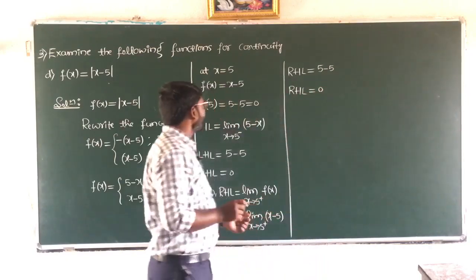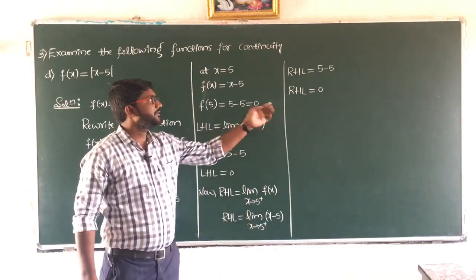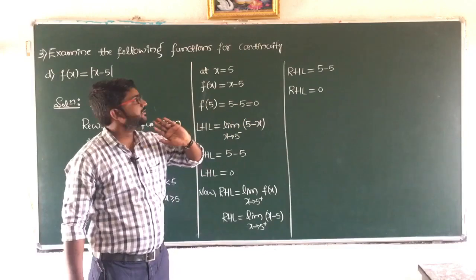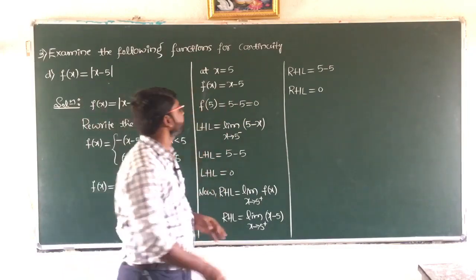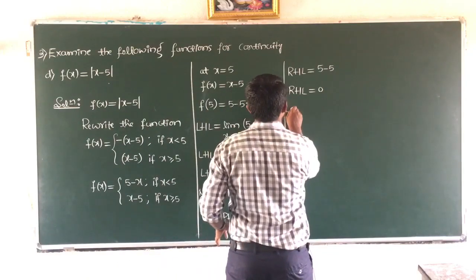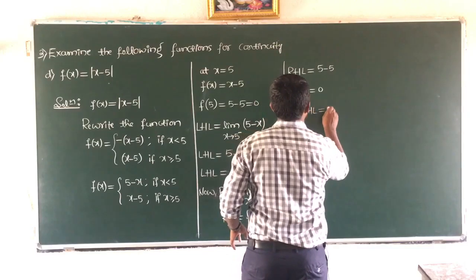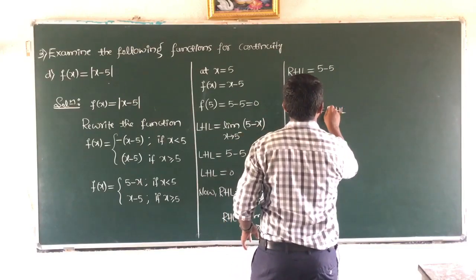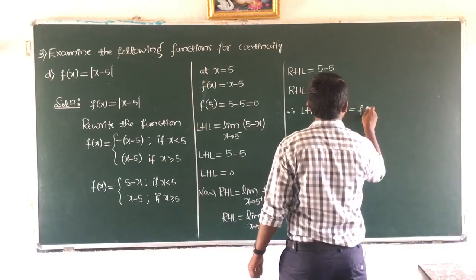So see here, the value of the function, left hand limit and right hand limit, all three coincide. That means it is continuous at x equal to 5. Therefore LHL is equal to RHL, which is equal to f of 5.